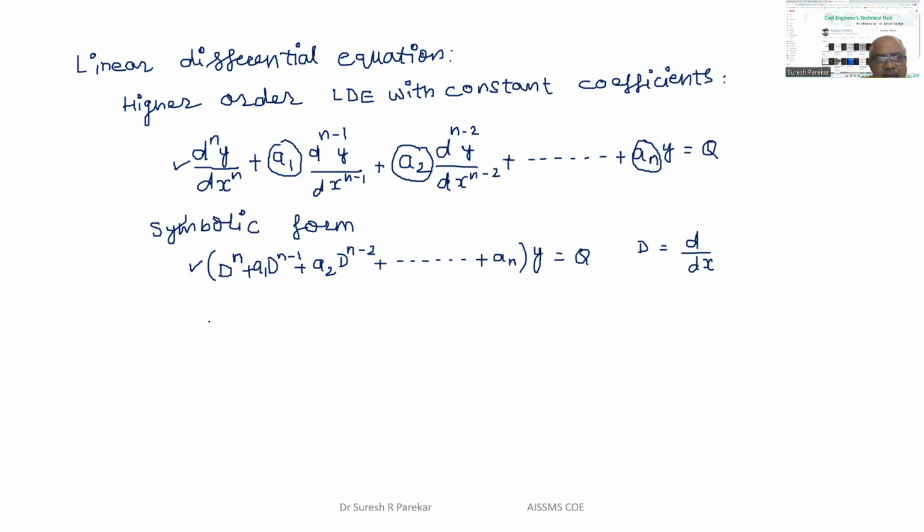Now, to find CF, we are going to write it in auxiliary form. So we have auxiliary equation, or we can write it as characteristic equation.